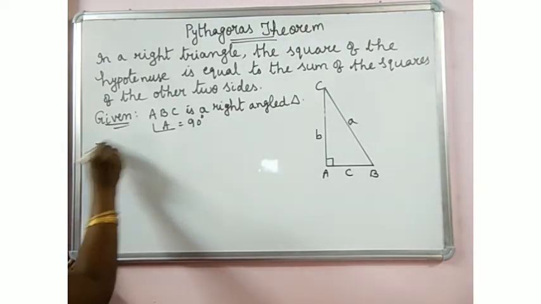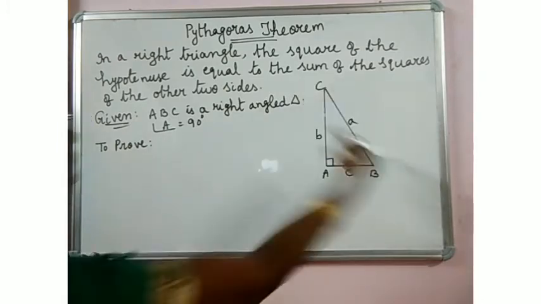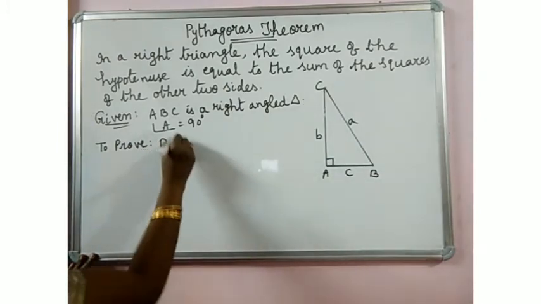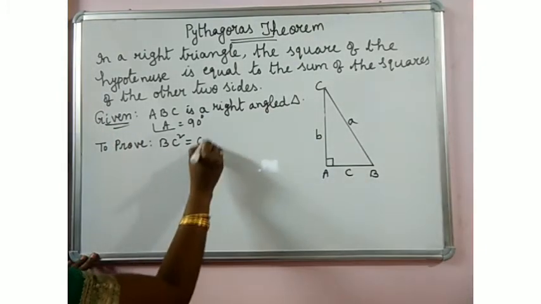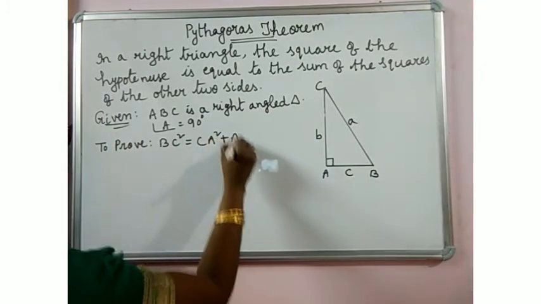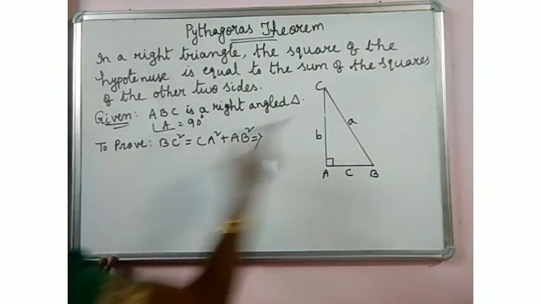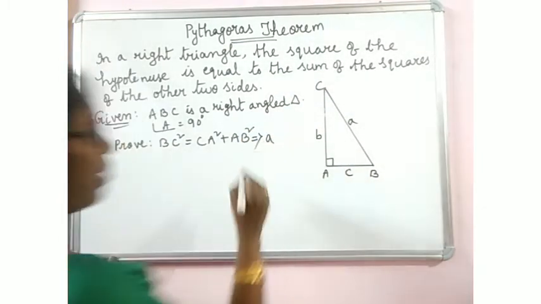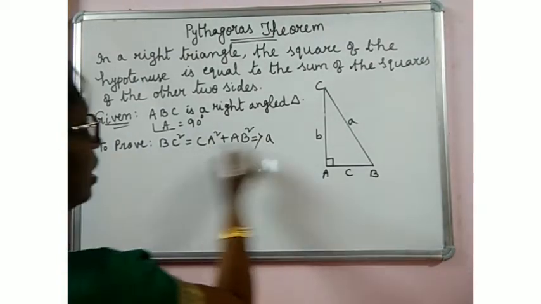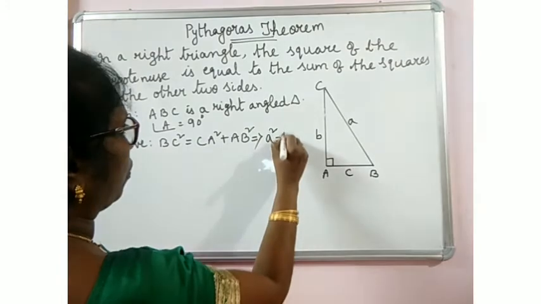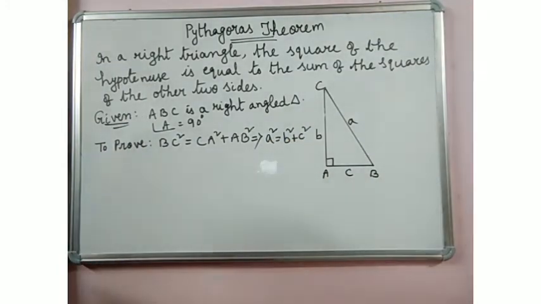And what we have to prove is that the square on the hypotenuse, BC square, is equal to CA square plus AB square. For BC we have taken small a for easy understanding, so a square is equal to b square plus c square. This is what we have to prove.